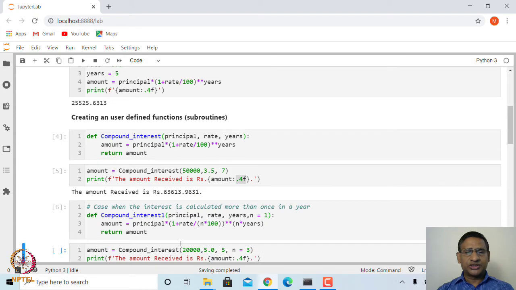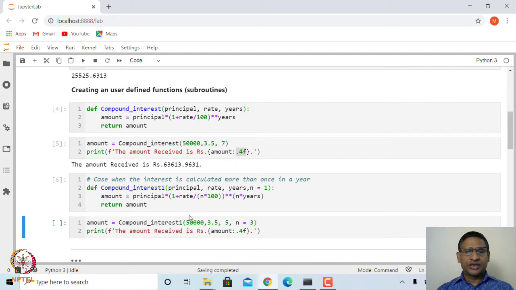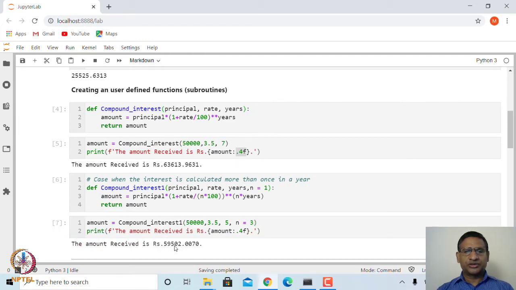Now again let us call this function. I have to say compound_interest_1, and let us say the investment made is 50,000, again the rate is 3.5, and for 5 years, and the number of times it is calculated is 3. That means every quarter the interest is calculated, and then let us print the amount we get.